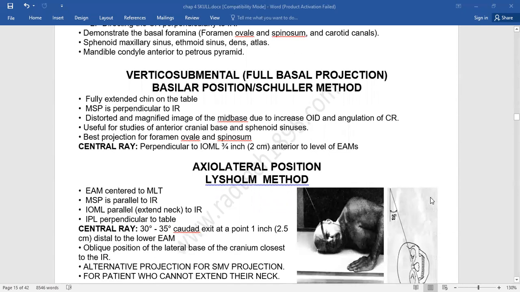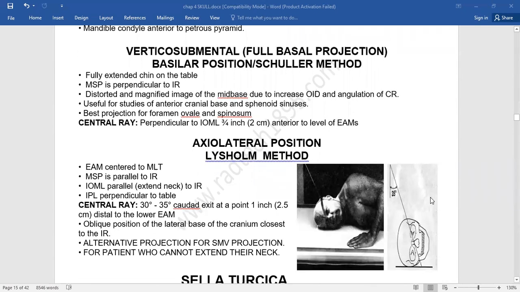Another position for the skull is the Lysholm method. The patient is lateral, which is why it is called an axiolateral position. As you can see there, that is the position of the patient. As we said, it is axial or axiolateral, so the central ray has angulation. The EAM is centered to the midline of the table, MLT.